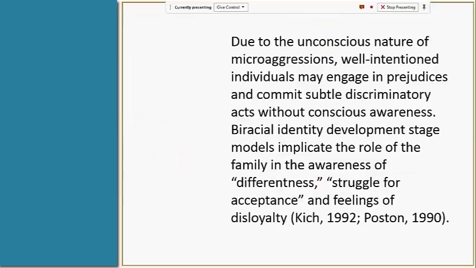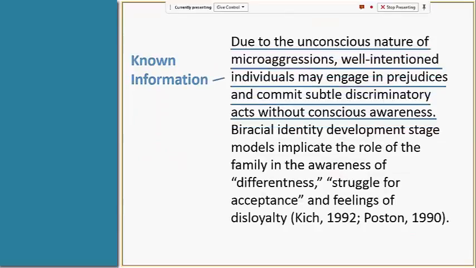So next, we have known information. Due to the unconscious nature of microaggressions, well-intentioned individuals may engage in prejudices and commit subtle discriminatory acts without conscious awareness. So a little bit of background information on microaggressions, what we know about it so far.